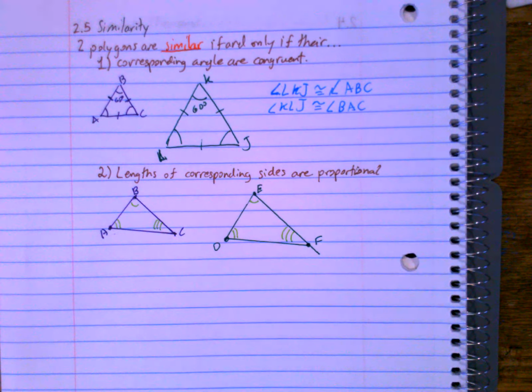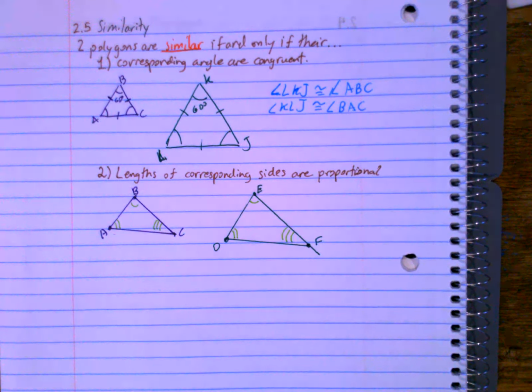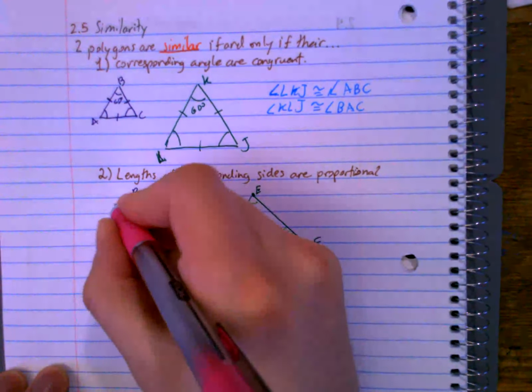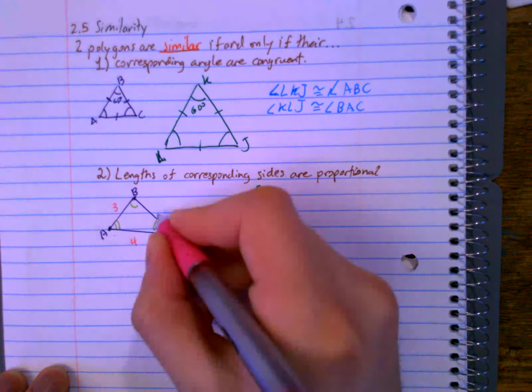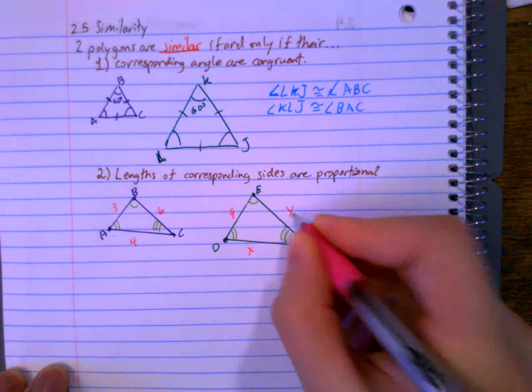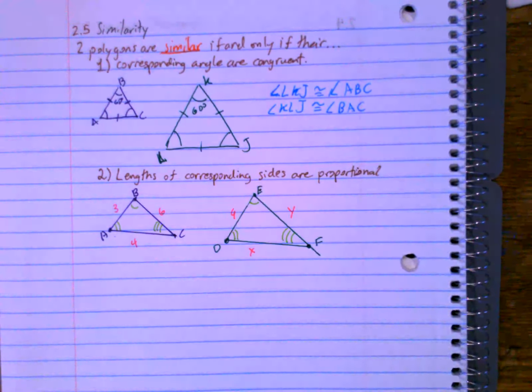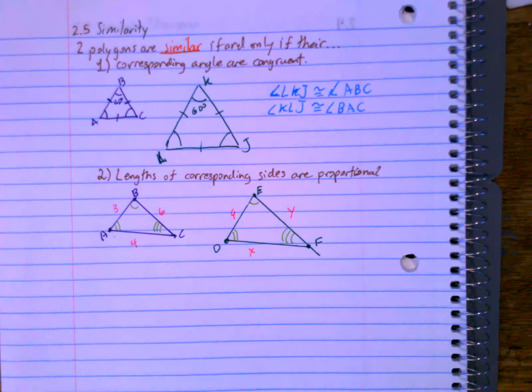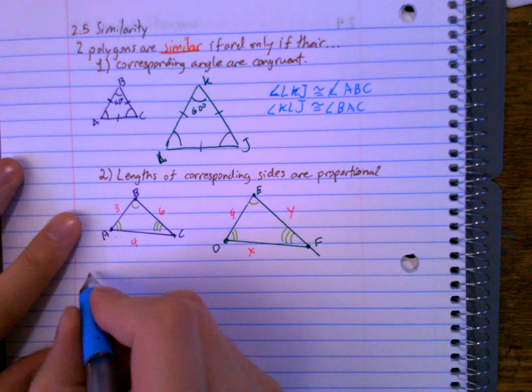And I'm going to give you the sides. Use pink. 3, 4, 6, and 9, X, Y. Since all the angles are the same, then that means that, secondly, the lengths of the corresponding sides are proportional, which means that I have a hypothetical formula that states the following.